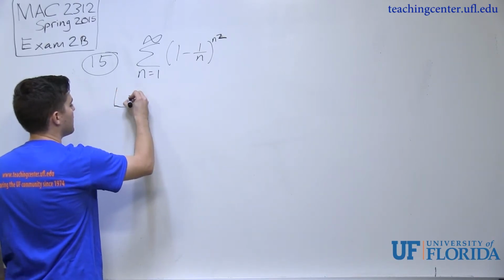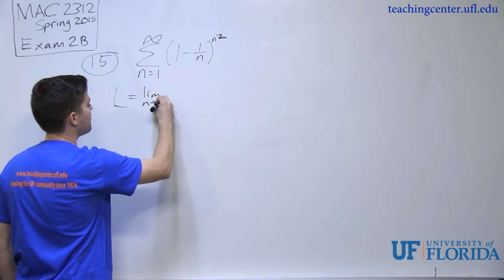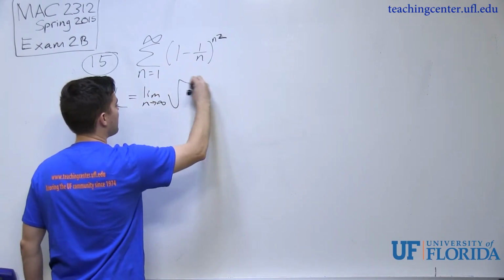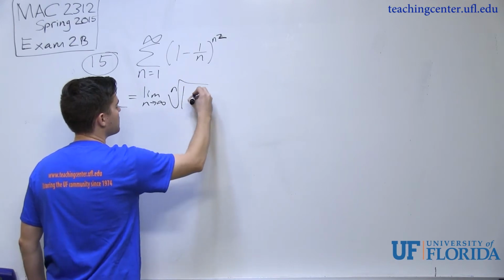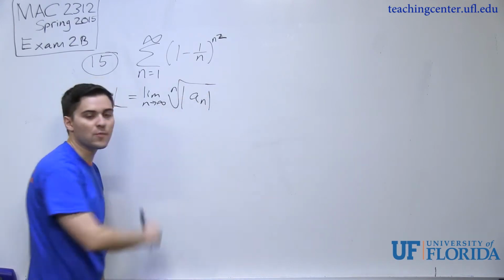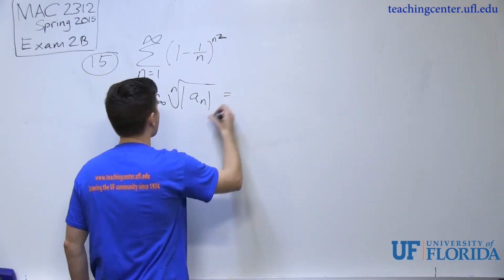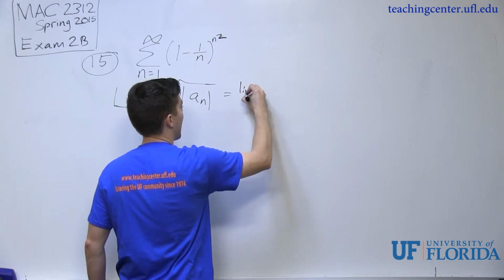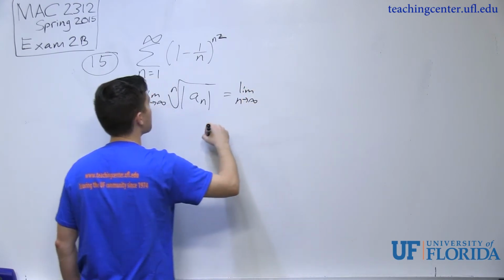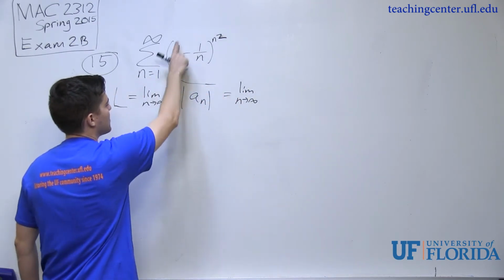So L is equal to the limit as n approaches infinity of the nth root of the absolute value of a sub n, where a sub n is just the term inside of the series. If I go ahead and apply that, I get the limit as n approaches infinity of the absolute value of a sub n, which is just itself.